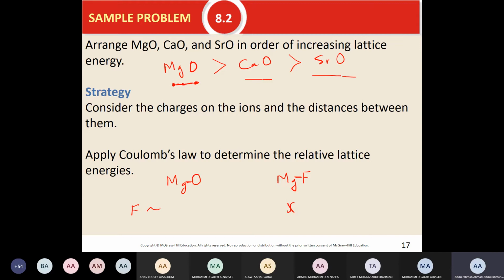No. 2 times, exactly. Why 2 times? Because the charge of O is -2 and fluorine is -1. The Mg is +2, so there is no effect. But this one, it was -2, this becomes +1, -1. And that's why approximately the force is twice as much as this one. Is this clear?